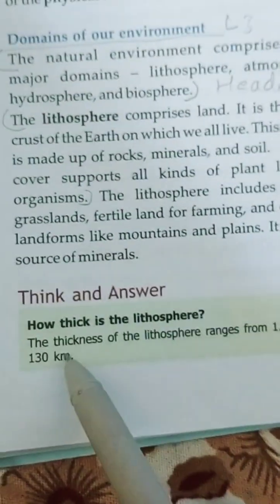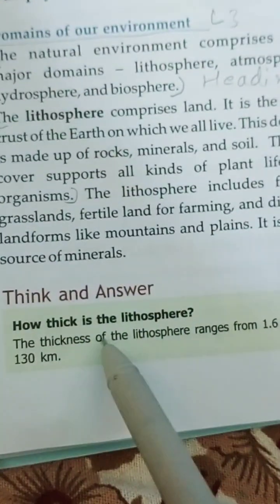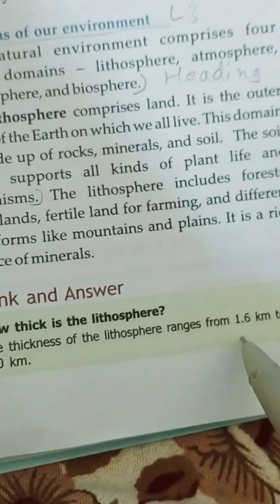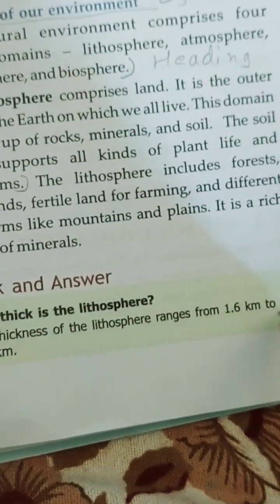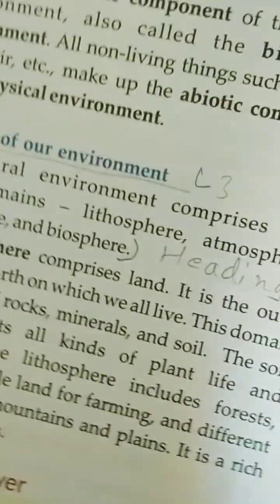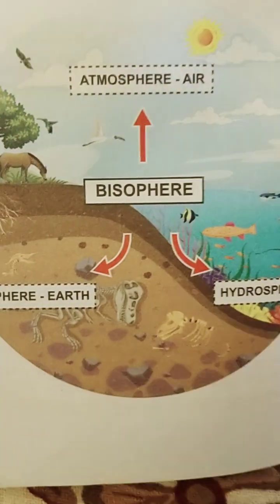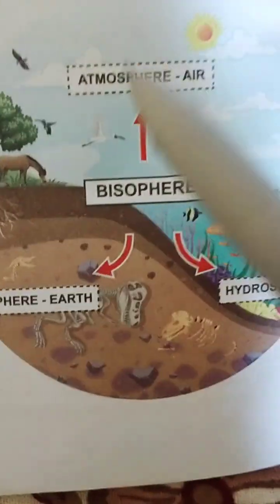How thick is the lithosphere? What is the thickness? It can come in the exam. The thickness of the lithosphere ranges from 1.6 kilometers to 130 kilometers. Wow, this is so big and so wide. There is a diagram so we can understand.